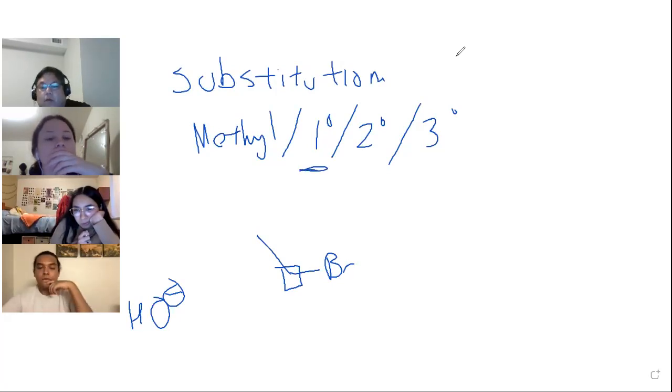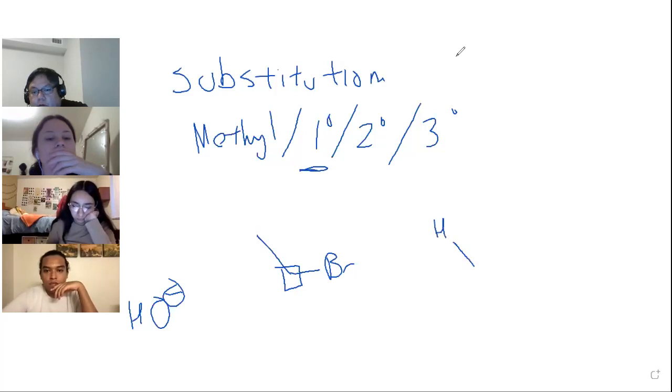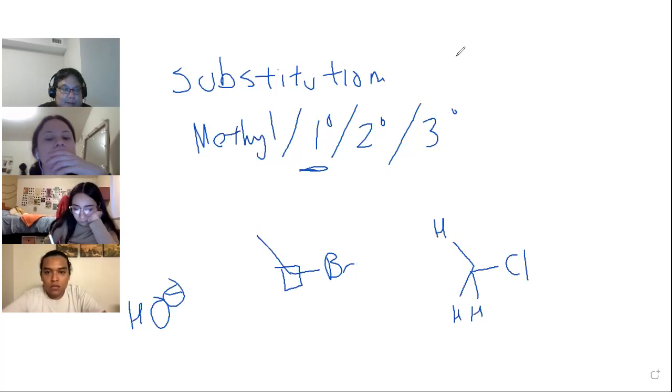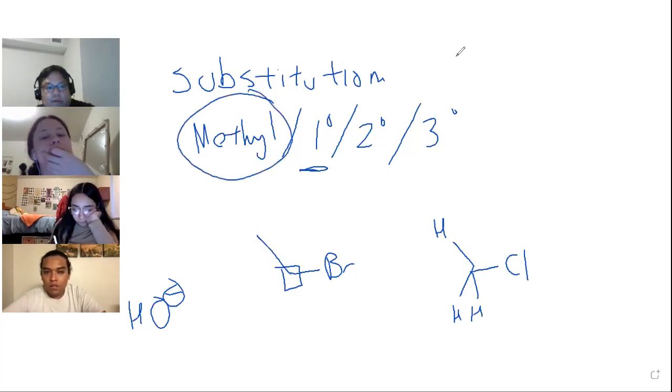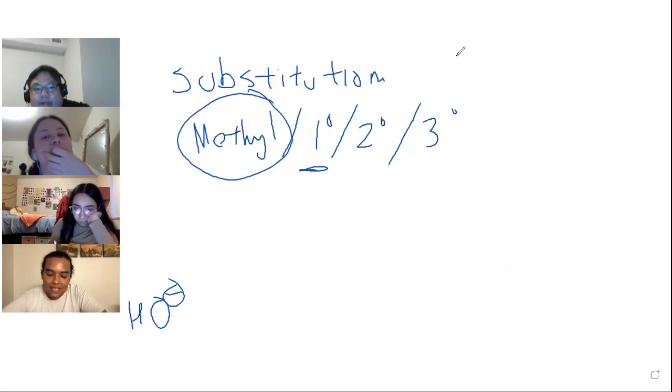What about this? That should all come to the same point. I'm just really bad at drawing. Is it attached to any carbons? No. It's a methyl. So if you're attached to no carbons, that's a methyl. And then finally, just to make sure, we'll do the other two. Which one is this? What type of carbon is this?